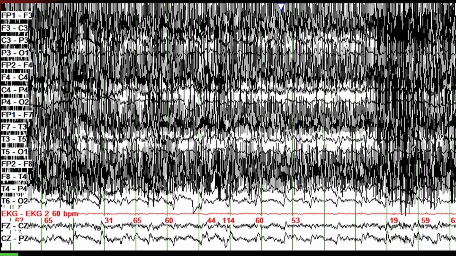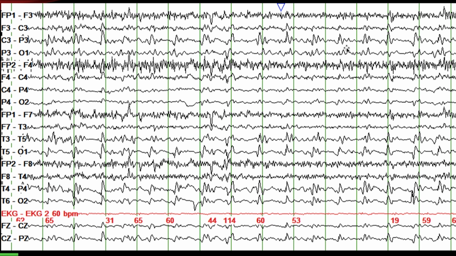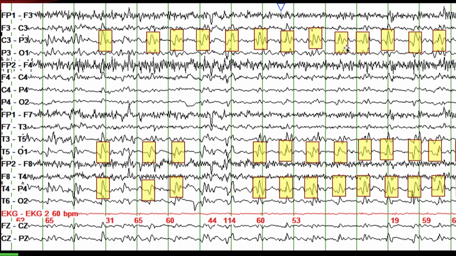Now I apply those filters that I just mentioned, and we can see all the periodic discharges. The periodicity is approximately once per second. If you're still not able to identify it, let me show you over here. These are the periodic discharges that are characteristic of CJD.